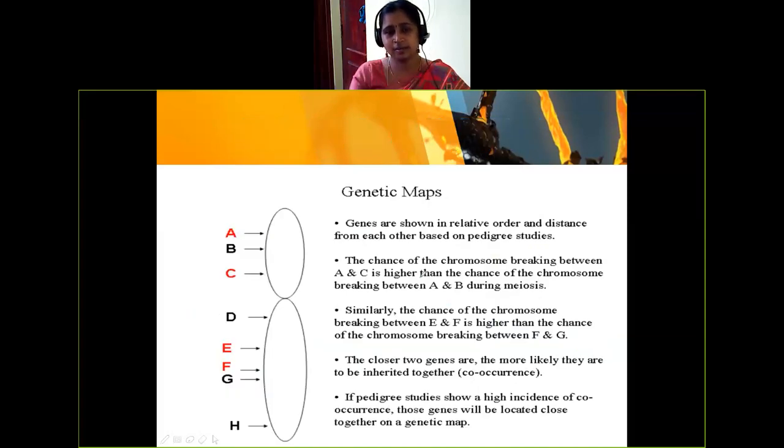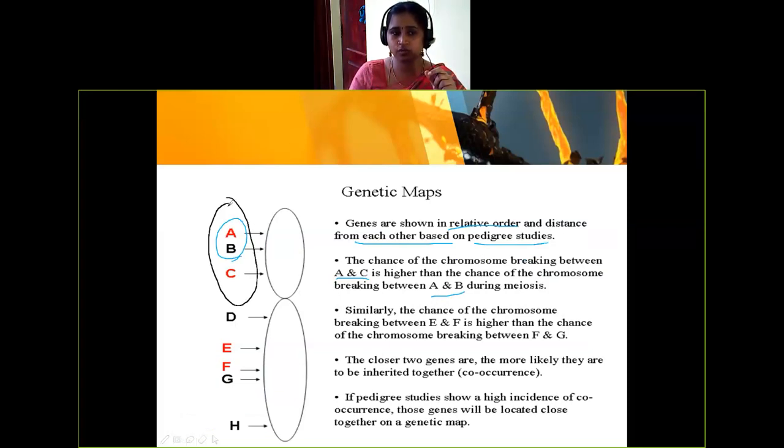In a glimpse, a genetic map shows the relative order and distance of genes from each other based on pedigree studies, the family chart. Now you can see here the letters A to H, with colors highlighted. The chance of chromosome breaking between A and C is higher than between A and B. So who is closer, A and B or A and C? Just have a look.